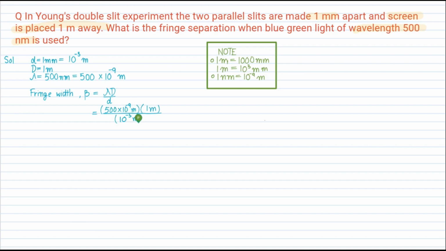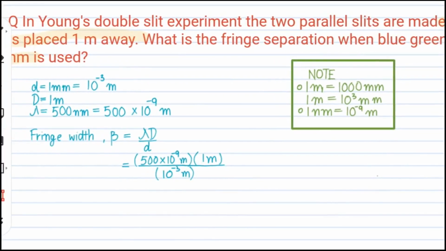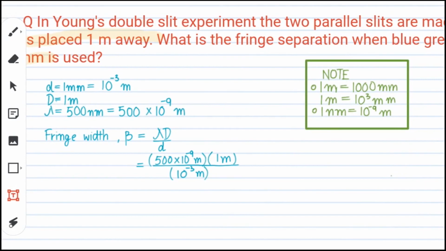Fine. Now 500 times 10 to the power minus 9 into 1 meter will give us simply 500 times 10 to the power minus 9. Fine. So I will rub this part. Okay. Or just let it be.